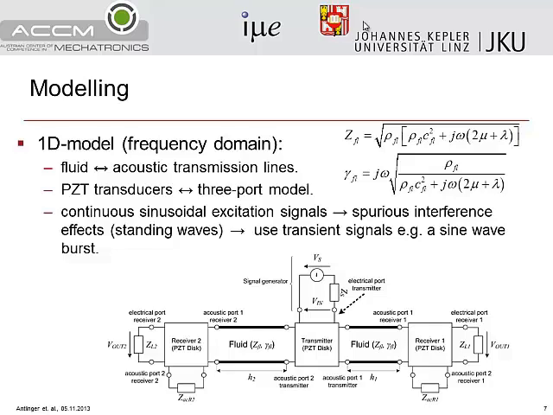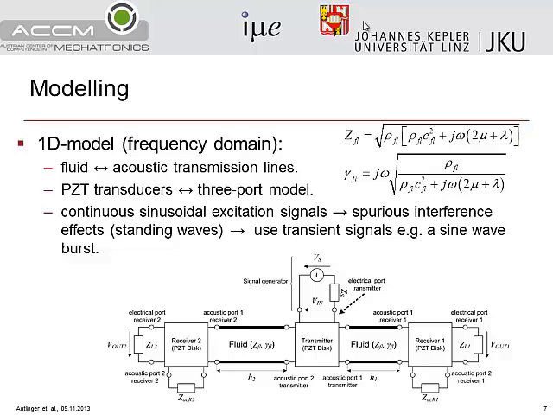For a PZT transducer, we use a standard 3-port model, which has 1 electric port and 2 acoustic ports. And if you use continuous wave excitation signals, spurious interference effects occur, so we have to use transient signals.